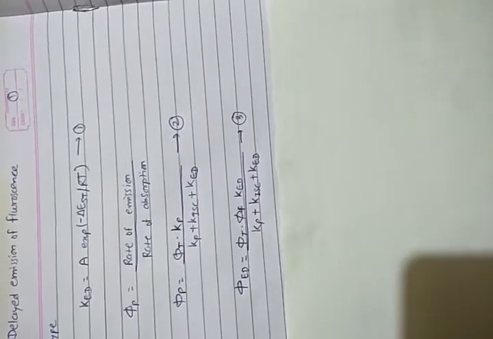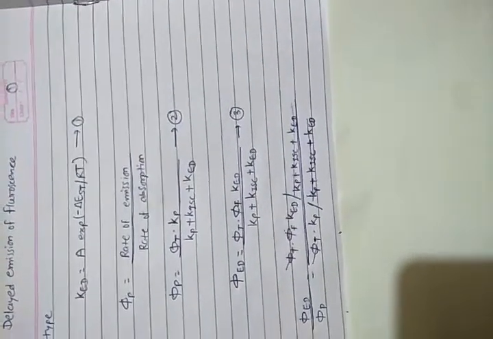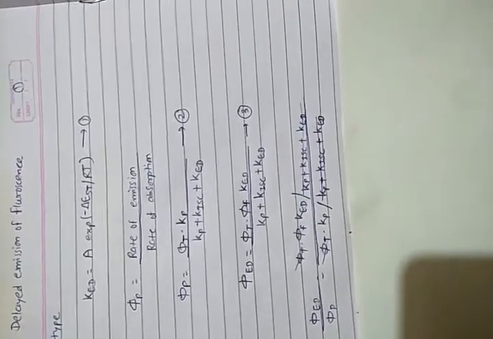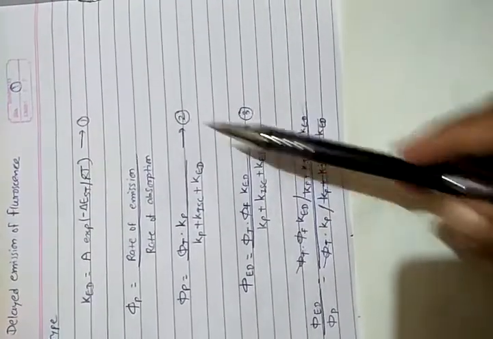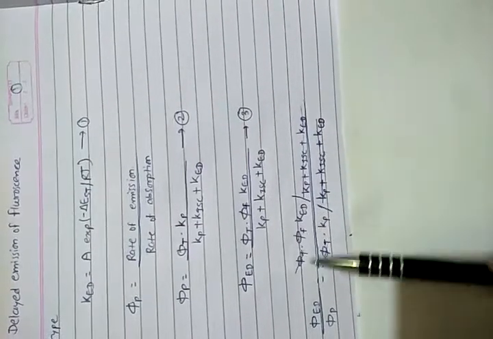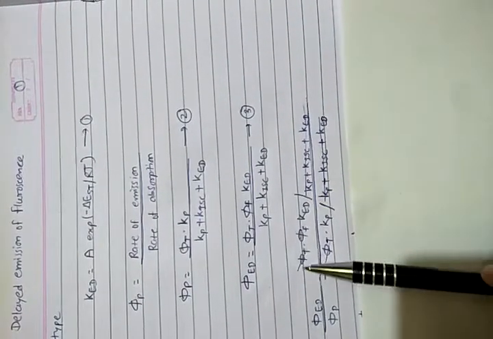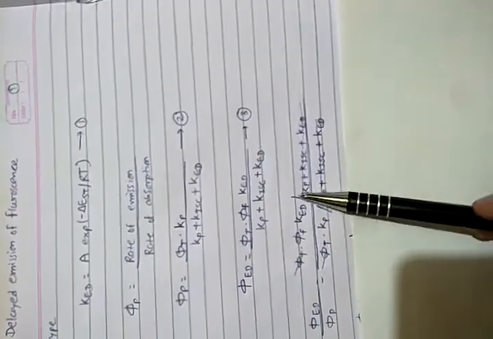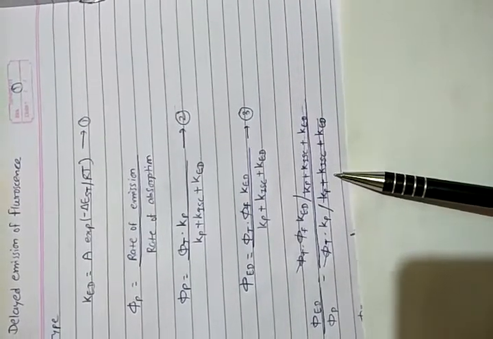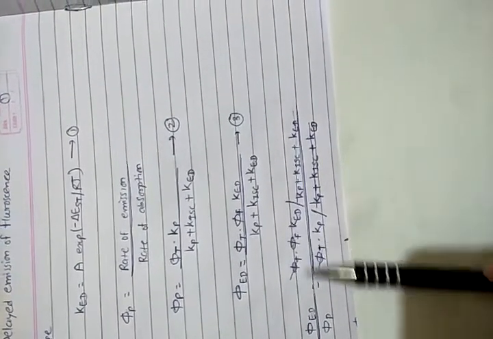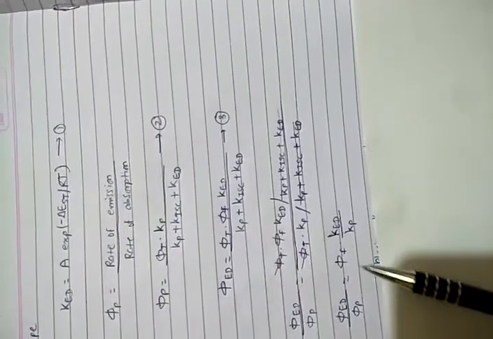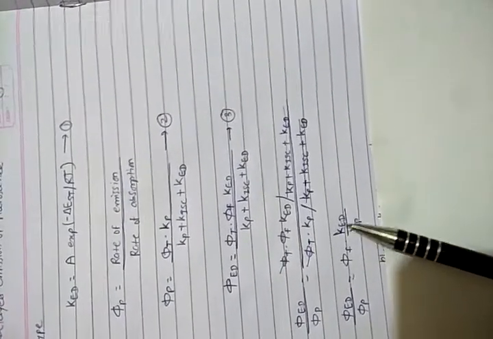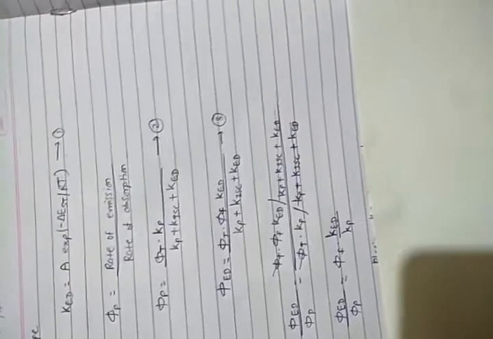So when you divide equation 3 by equation 2, you will get all these factors cancelled out, that is phi_t gets cancelled out, and the factors in the denominator get cancelled out, and you will get the equation phi_ed upon phi_p is equal to phi_f times Ked by Kp.